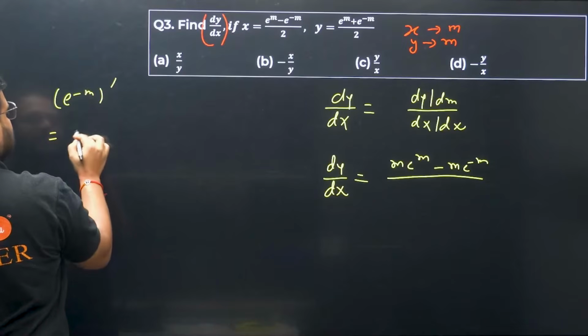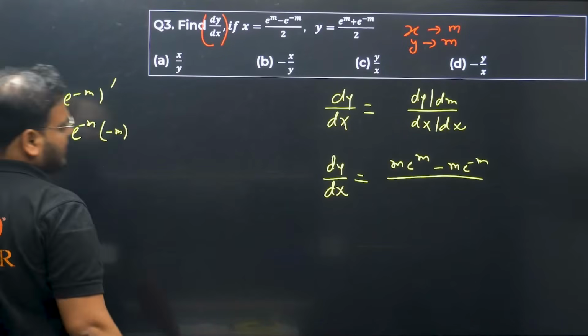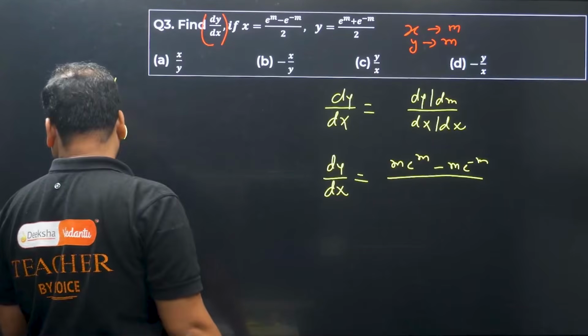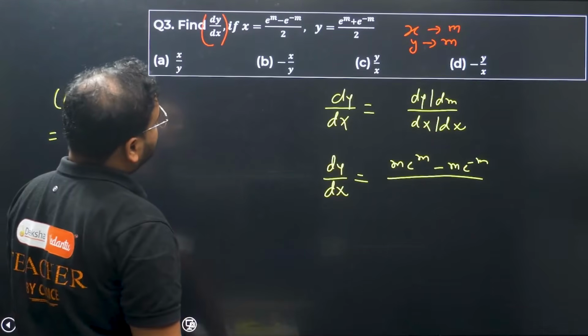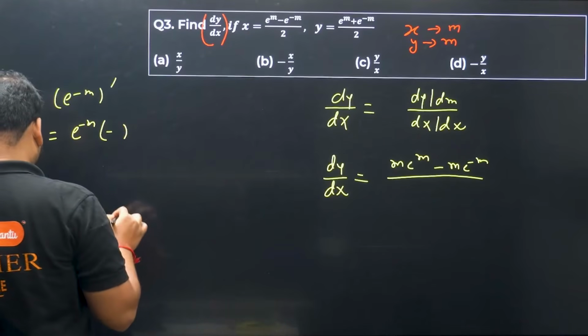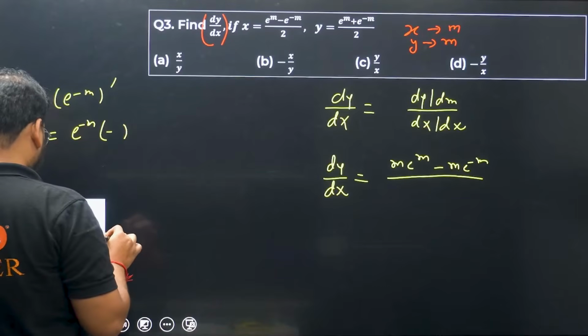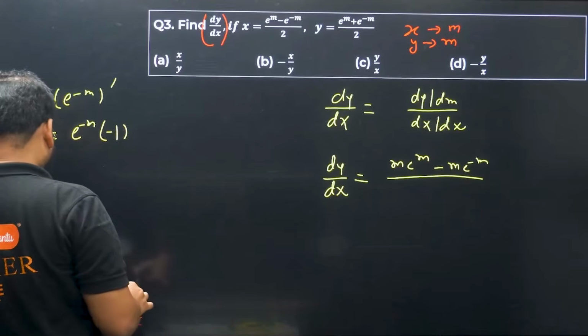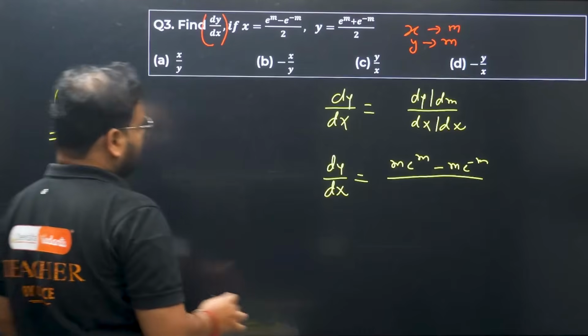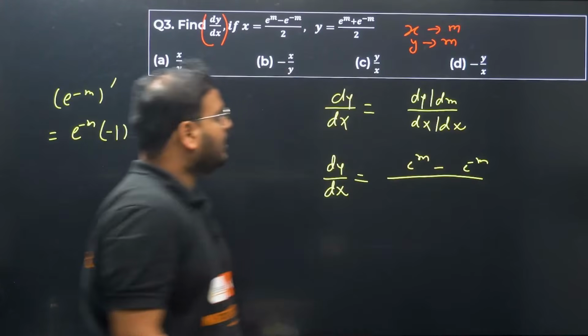Derivative of this will become the same thing, and differentiate this by chain rule, we get here minus 1, my bad. m is the variable, not a constant. So we get here minus 1. This is a mistake that I made, I'm going to change that. m is the variable, so we will not get this value. We'll get simply minus and plus.